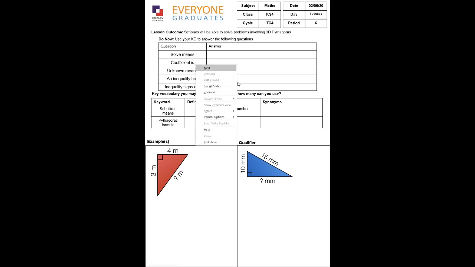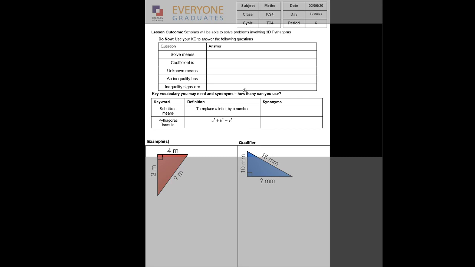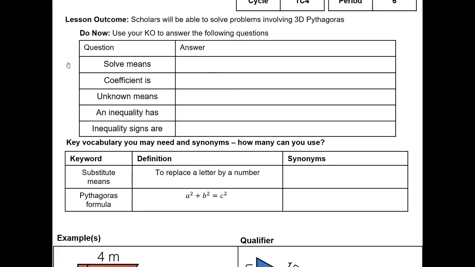So solve means to find that missing letter, or find the unknown, find the variable. Coefficient, that's the number next to a letter. Unknown is a variable or missing letter.